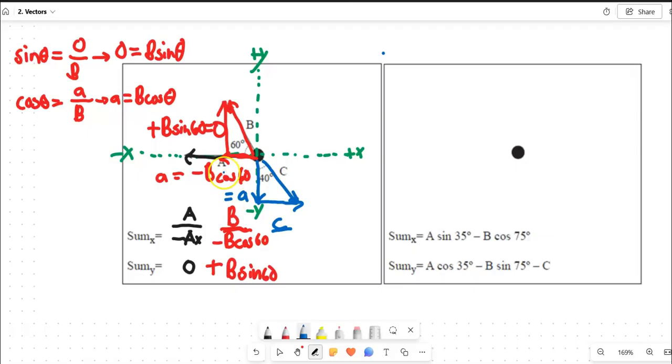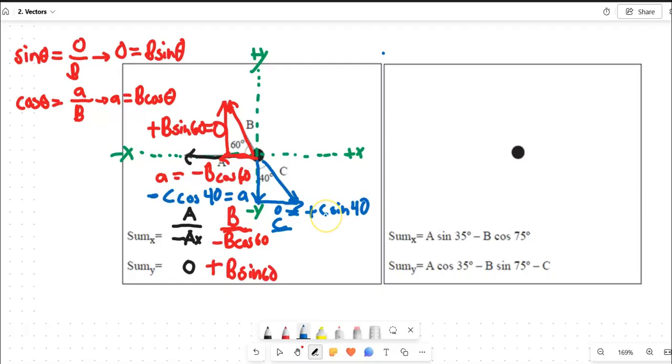Now, adjacent is going to mean hypotenuse cosine of 40 degrees, which is pointing down. The opposite side of 40 degrees is pointing to the right, so that's positive. And so if this is C cosine of 40 degrees, this has to be C sine of 40 degrees.